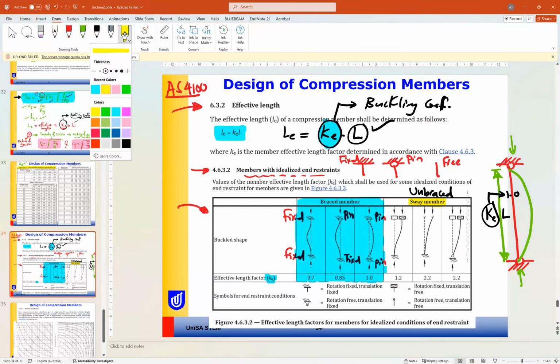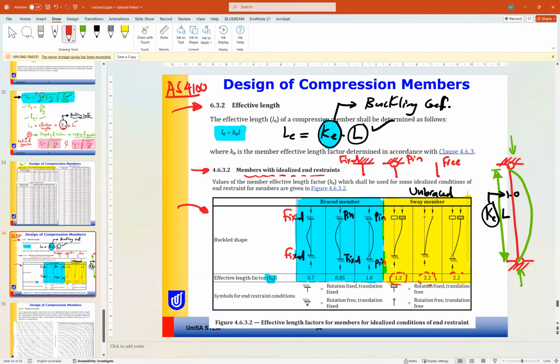But if the member is in a sway frame or unbraced frame, we have three different values: 1.2, 2.2, or 2.2.